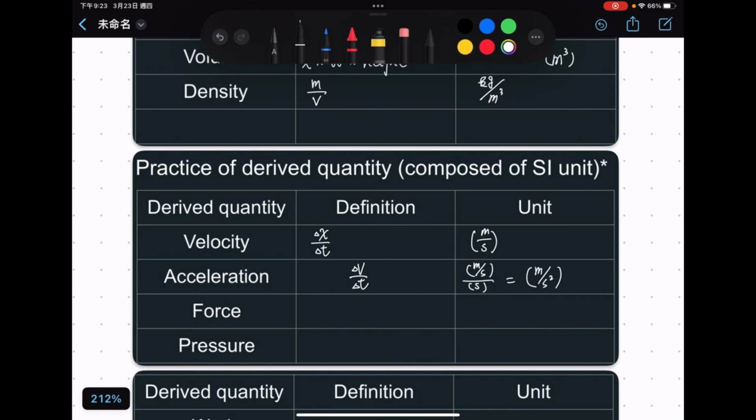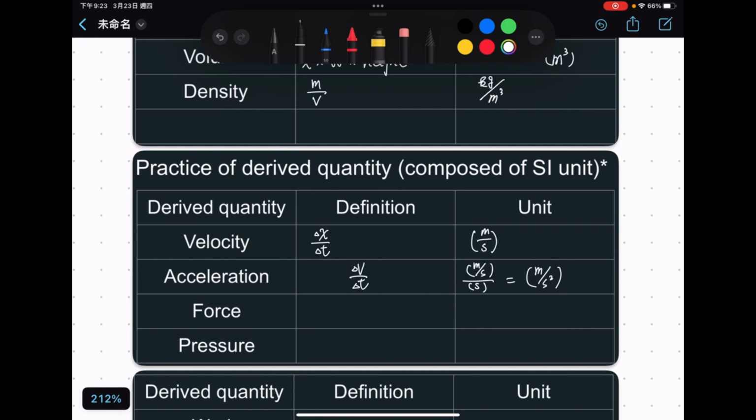So force, I think force is also hard to describe. Maybe you can say it will change the motion of an object, or it will compress or stretch a spring. But I think you are familiar with Newton's second law.